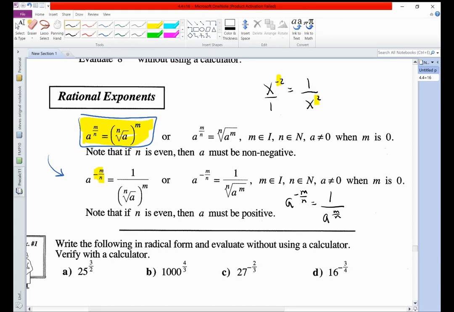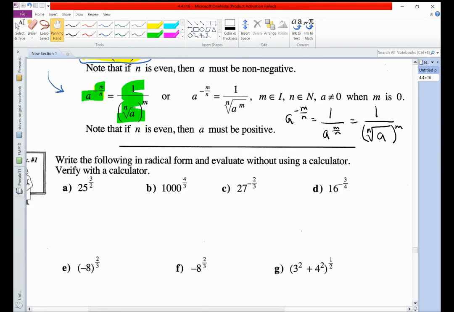To make that exponent positive, you flip that fraction, and then you can rewrite that as the nth root of a all to the power of m. And that's how they get from this to this. But that's okay. I think as long as you know that, you're good to go.